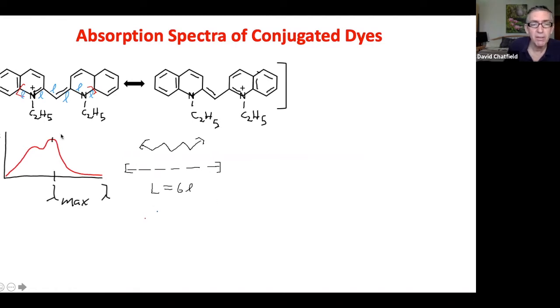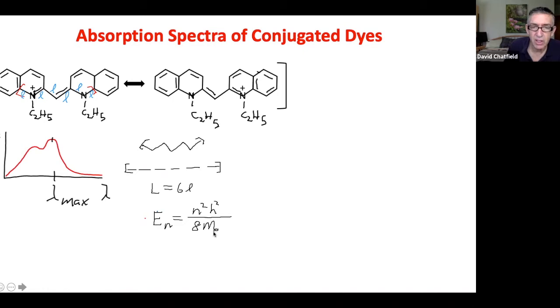So if we model this whole system as a particle in a box, and it's electrons we're talking about, we know the energy of a particle in a box. It depends on a quantum number, n. There are different energy levels. So n is a quantum number, h is Planck's constant, m is the mass.